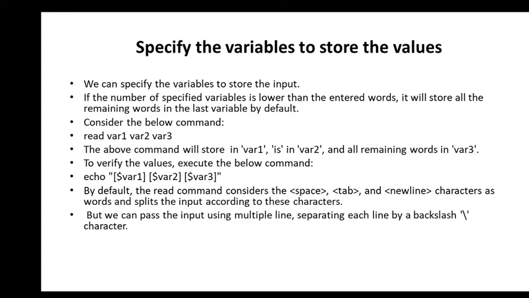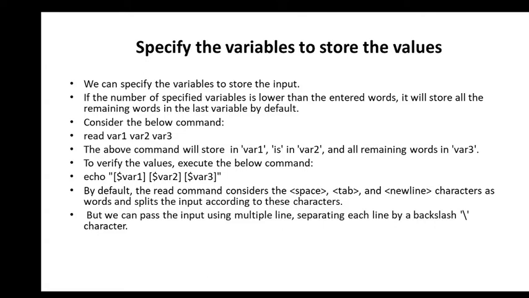For example, the read command with arguments: read variable1 variable2 variable3. This command will store the first word in variable1, the second in variable2, and all remaining words in variable3. To verify the values, execute the below command: echo $variable1 $variable2 $variable3.